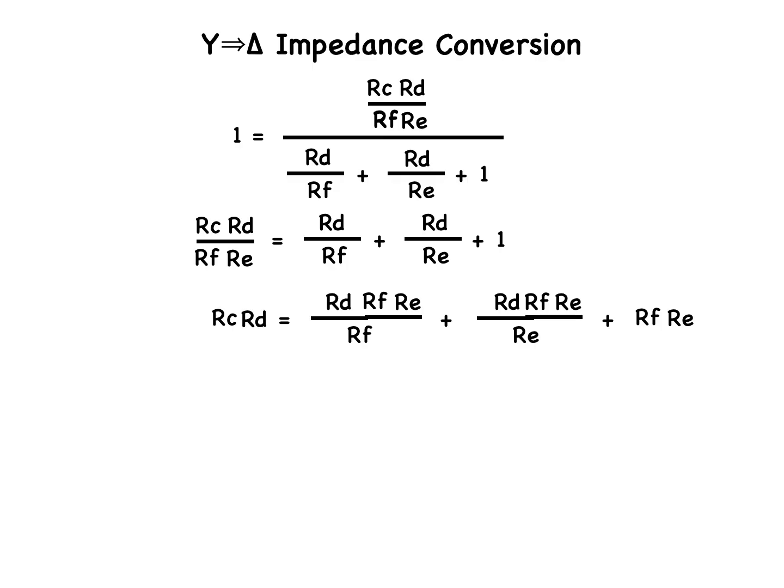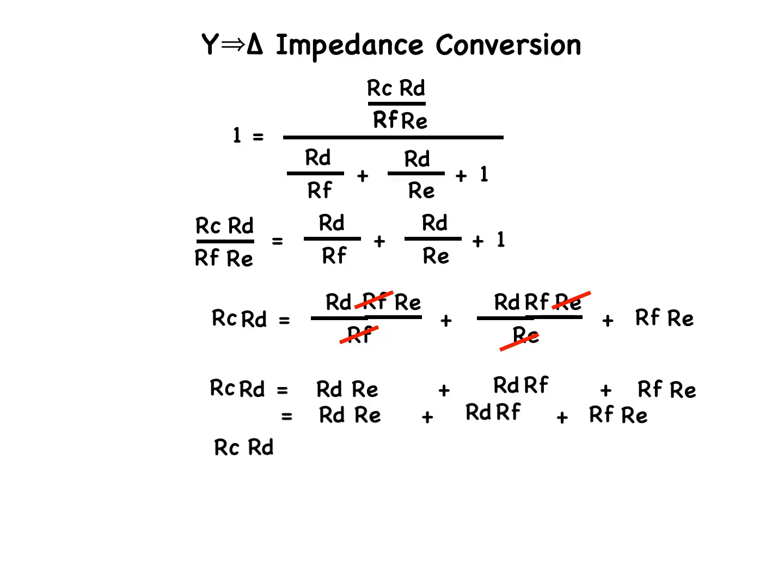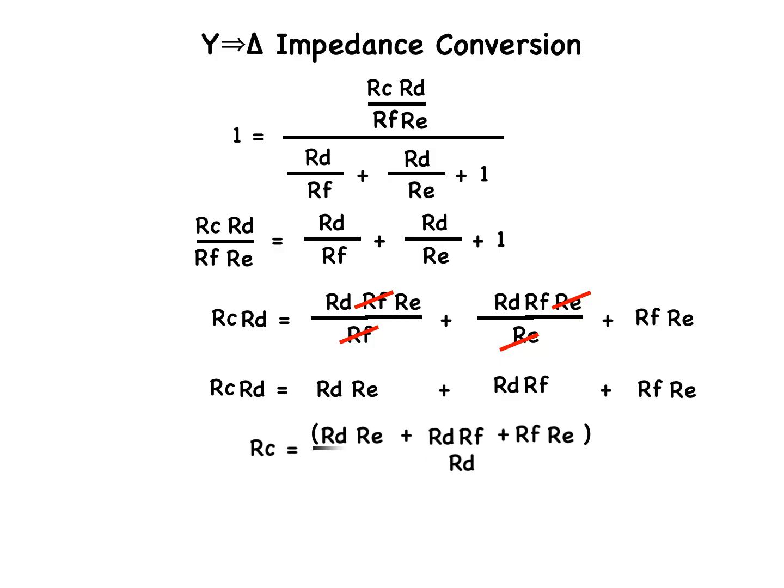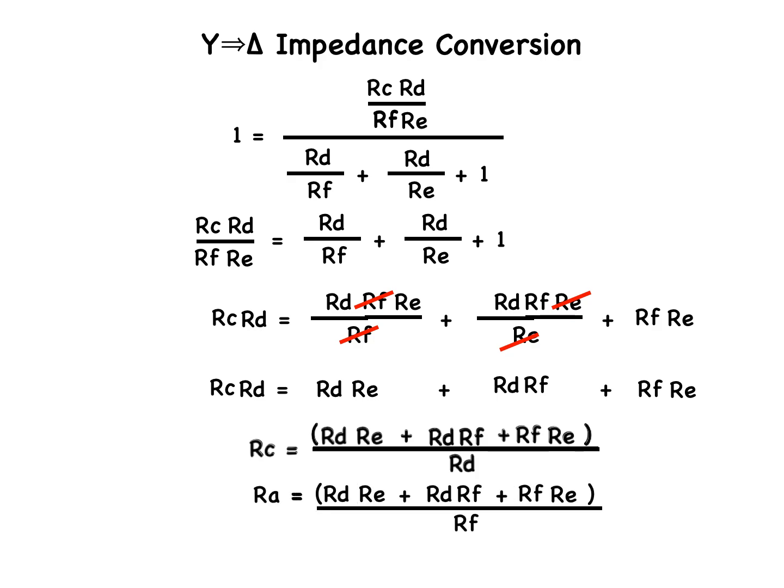We can remove the denominators of both fractions on the right-hand side of the equation because they cancel out the terms in their numerators, simplifying the equation to this. We now rewrite the equation, dividing both sides of the equation by RD, which gives us a solution for RC. And through similar sets of calculations, we can find a solution for RA and RB.